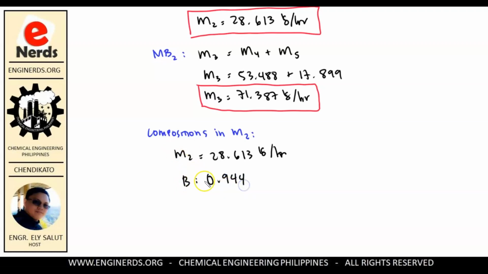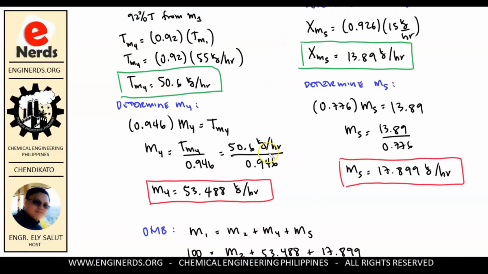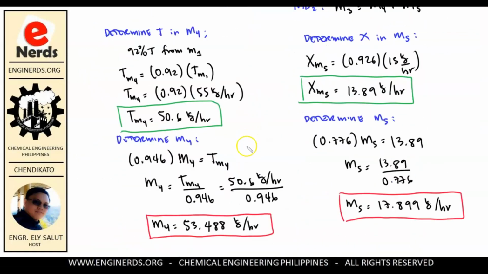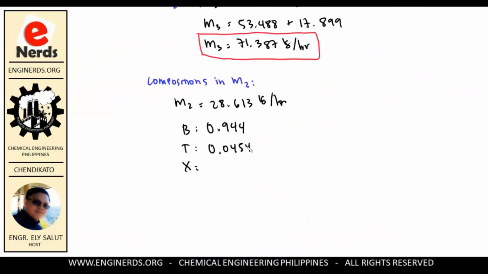And then we are told that B is 0.944, our T is 0.0454, and our X is, ano nga uli yung X natin? Our X is 0.0106. So what we have to do is to multiply that to our M2 para makuha natin yung values nila. So let us multiply this to 28.613.